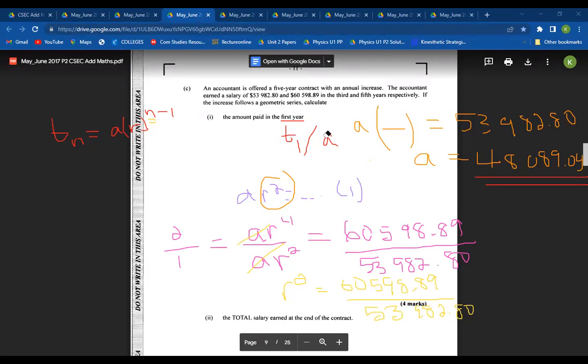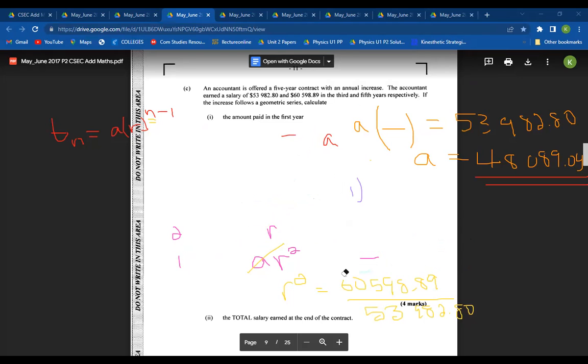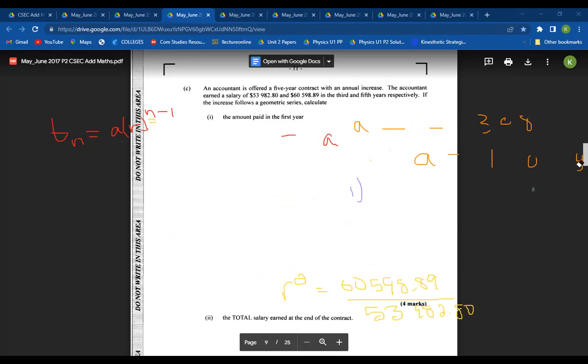So I need to write this out then. Erasing all this. Alright, so the whole thing. Okay, so what you... Oh, I get it. 480,890.